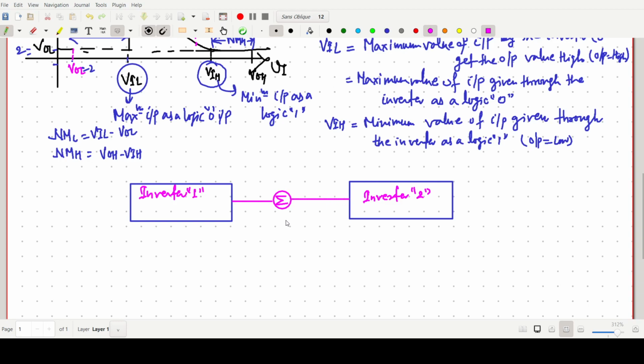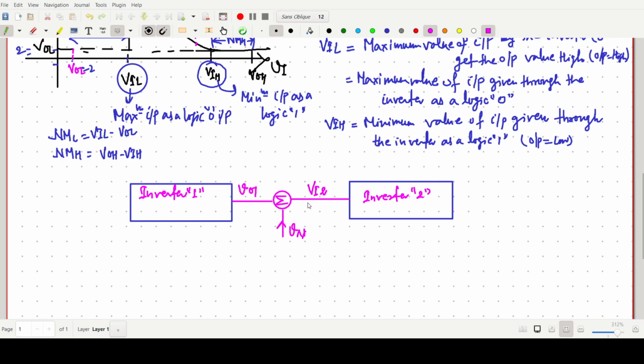In between we are giving some noise, say Vn, the output of inverter 1 is VO1, and this is Vi2. What should be the value of Vn that we have to think of?